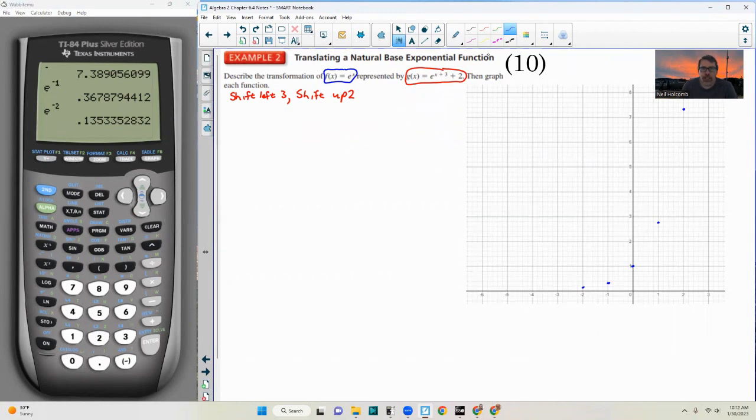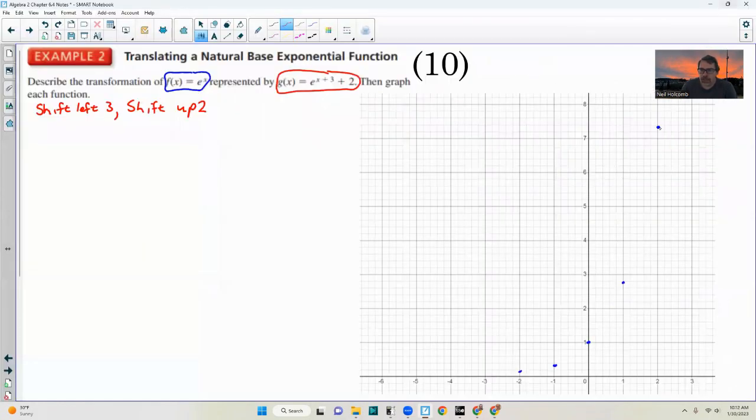Now we're going to translate that 3 units left and up 2. I'm not going to use the calculator to do this. Let me maximize this back up. So if this point here is going to get shifted left 3, that's 1, 2, 3. And then up 1, 2 would be up here somewhere. I'm off the grid. Do the same here. 1, 2, 3.